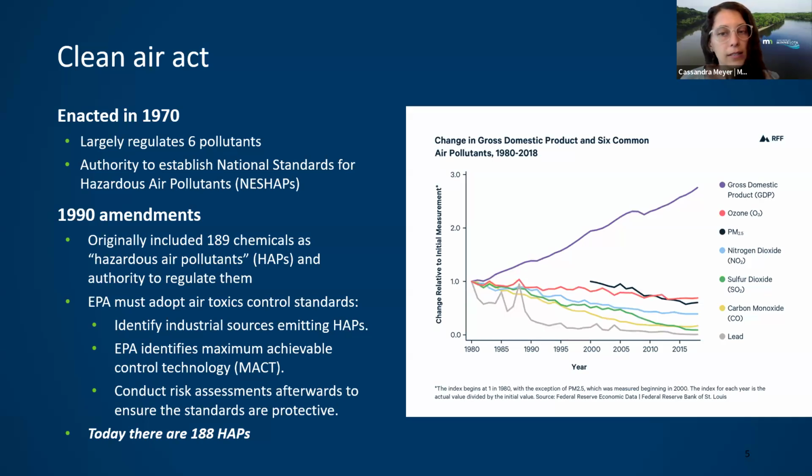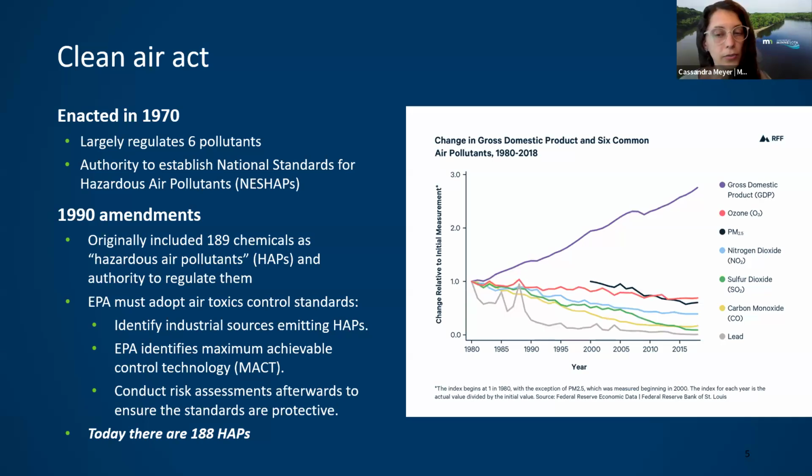It largely regulates 6 pollutants known as the criteria pollutants. It also provided authority to establish national standards for hazardous air pollutants, or NESHAPs. There were the 1990 amendments, and that established the list of 189 originally HAPs, or hazardous air pollutants, and the authority to regulate them.